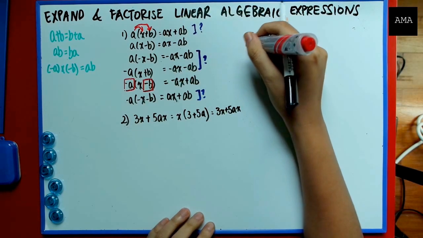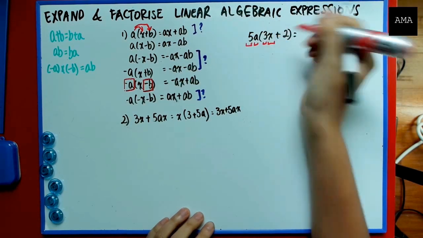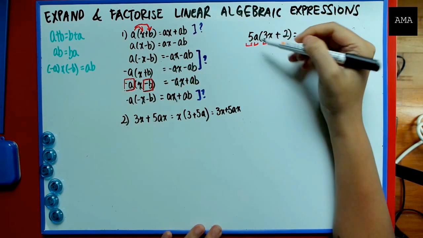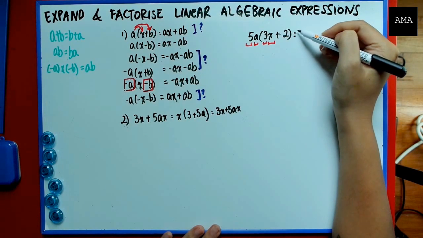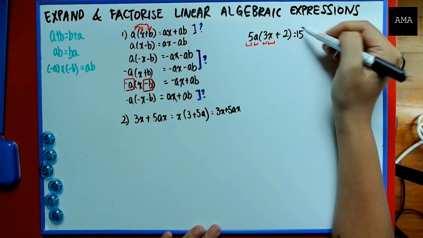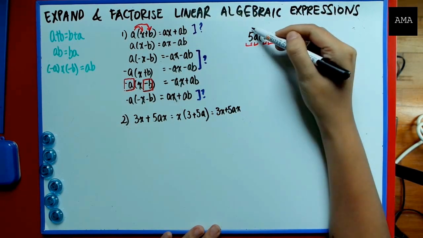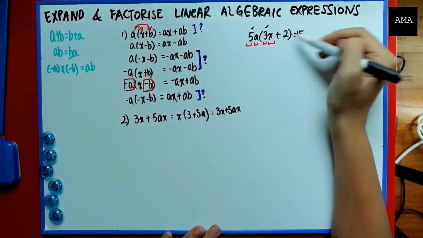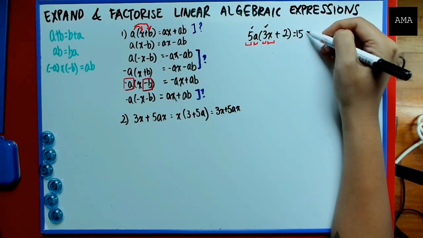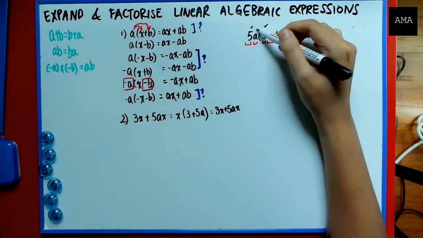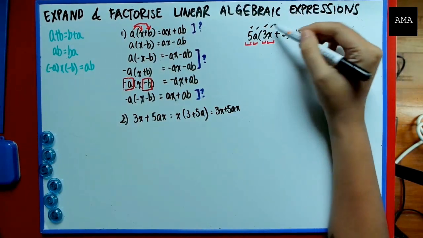I have 5, I have a, I have 3, and I have x. So what you need to remember is that you multiply the numbers first. 5 times 3 is 15, right? Then you just write the remaining things. So I've done this, right? 5 times 3, 15. I need to write the others that I did not multiply yet, which is a and x. So see, I'm done with this part.